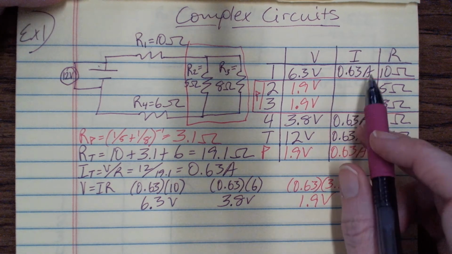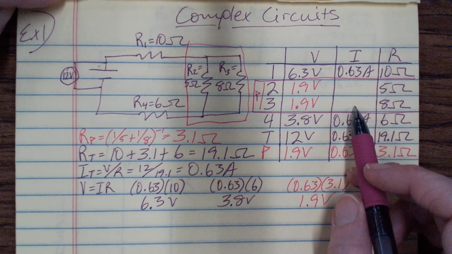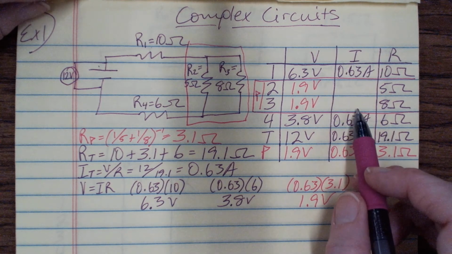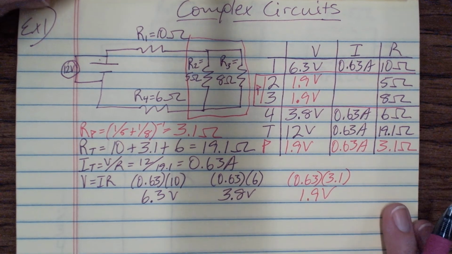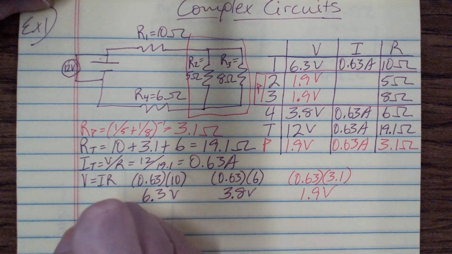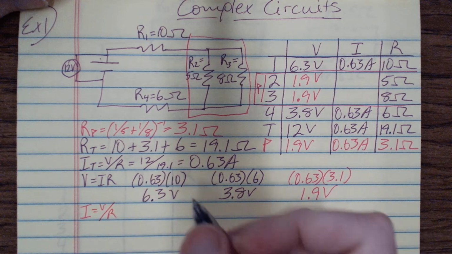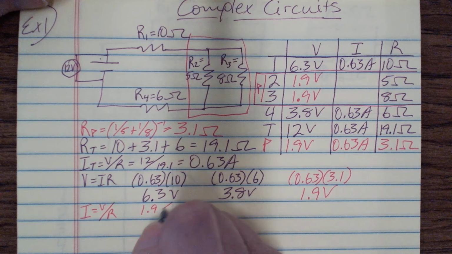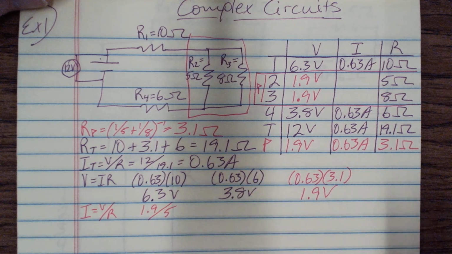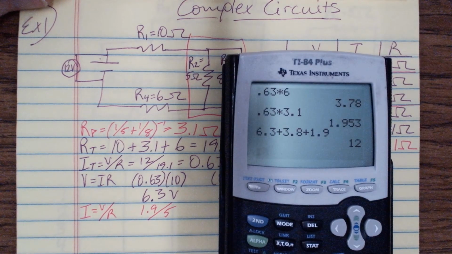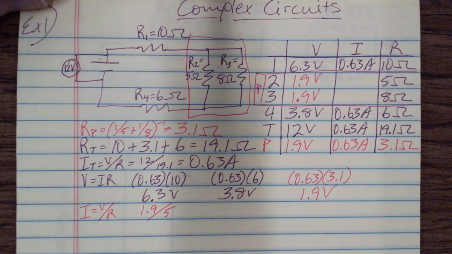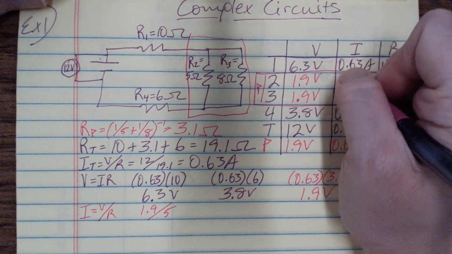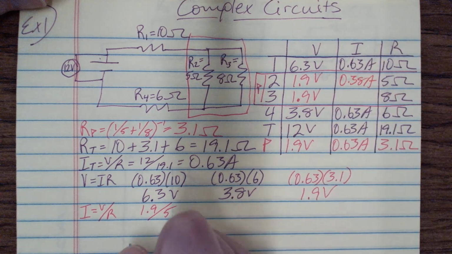All right, and then the last portion that we need to find is the current on resistors 2 and 3. And current, as we said before, is equal to V over R. So for resistor number 2, that would be 1.9 over 5, which is 0.38 amps.